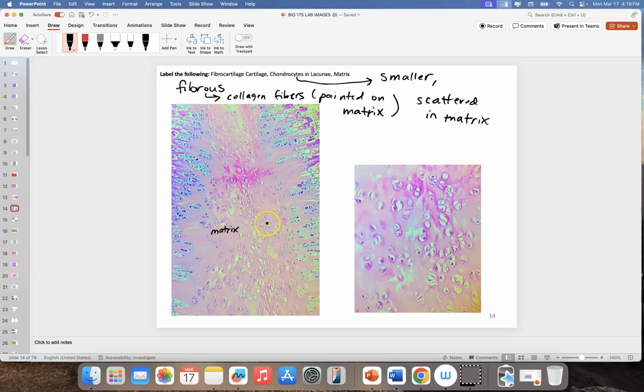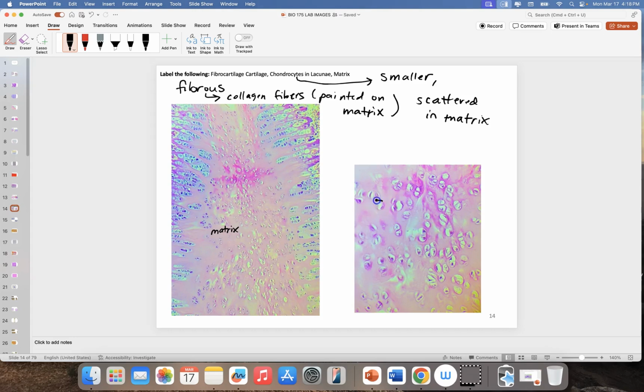wherever they landed and fell, that's where those chondrocytes remained. We can see them pretty small here, scattered throughout, but again, I went ahead and blew it up for us. That way we could see them a little bit better. Once you find the nucleus, you know you're looking at a cell.